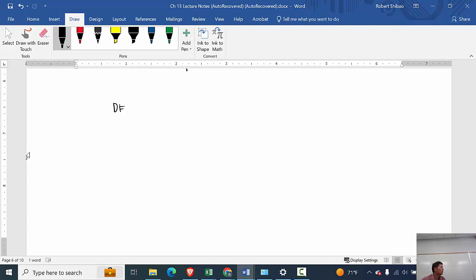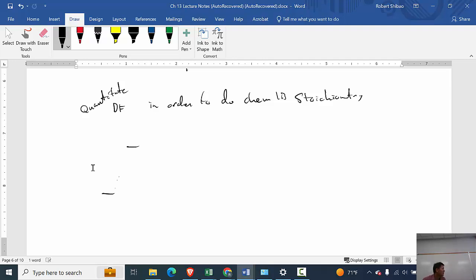Why we want to quantitate the driving force is in order to do Chem 1B stoichiometry. Chem 1A stoichiometry is simple. Chem 1A stoichiometry is there's no driving force. This hill's too big. Nobody's going to make it. And so Chem 1A is either black or white.